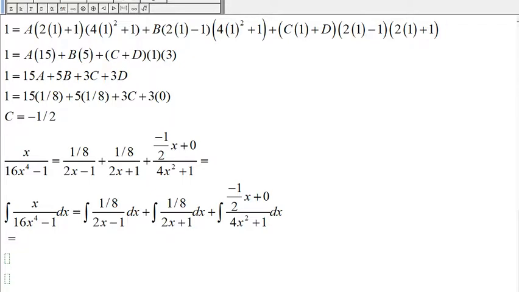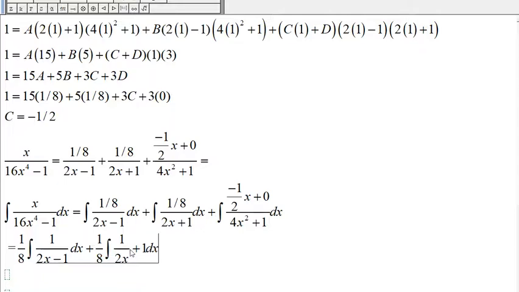So this will be 1/8, this is 1/8, and then this being negative 1/2.